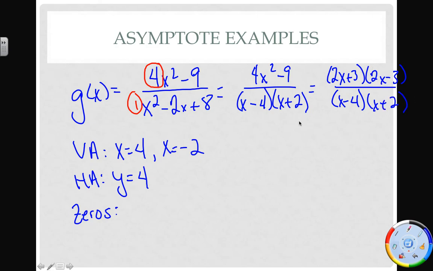And that means my zeros are going to be the points 3/2, 0 and -3/2, 0. That's where we're going to cross the x-axis. Here's some asymptotes. So eventually we're getting into graphing. That was for our section 4.2.